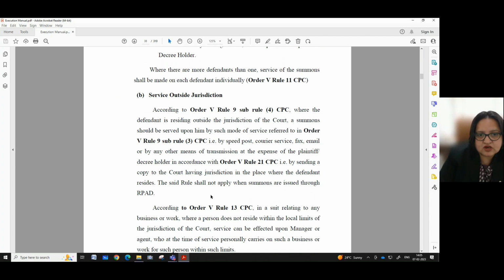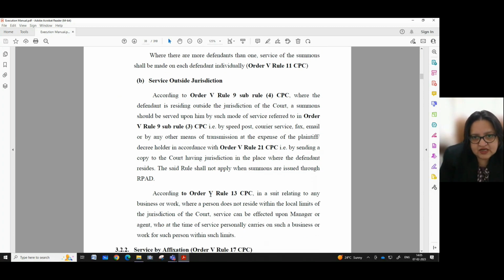Service outside jurisdiction. According to Order 5, Rule 9, Sub-Rule 4 CPC, where the defendant is residing outside the jurisdiction of the court, a summons should be served upon him by such mode of service referred to in Order 5, Rule 9, Sub-Rule 3 CPC, that is by speed post, courier service, fax, email, or by any other means of transmission at the expense of the plaintiff or decree holder, in accordance with Order 5, Rule 21 CPC, that is by sending a copy to the court having jurisdiction in the place where the defendant resides.